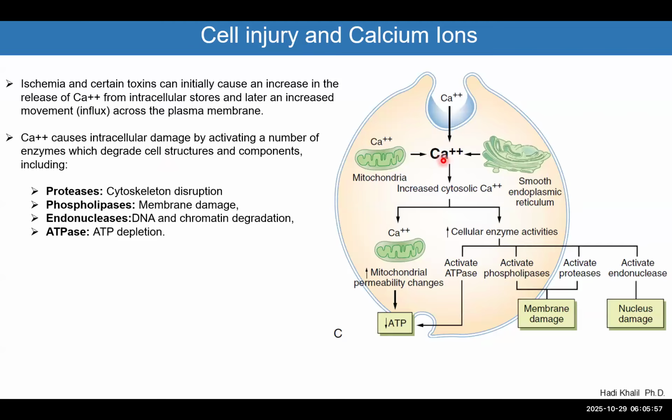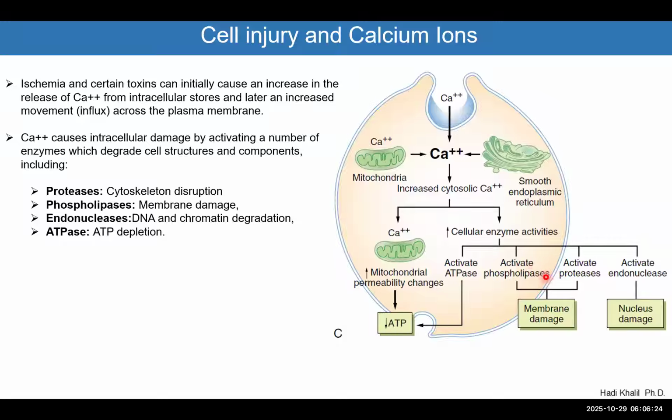So calcium itself can trigger cellular enzyme activities. For example, ATPase. ATPase digests the ATP, right? You have phospholipase. Again, I always try to read the name and think what it will do.